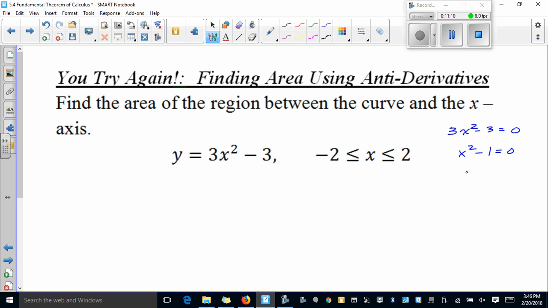So we're going to break this up from negative 2 to negative 1, and then negative 1 to positive 1, and then 1 to 2. 3 integrals we're going to have here.